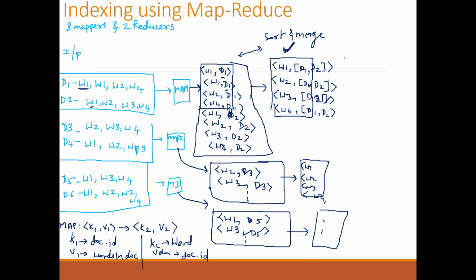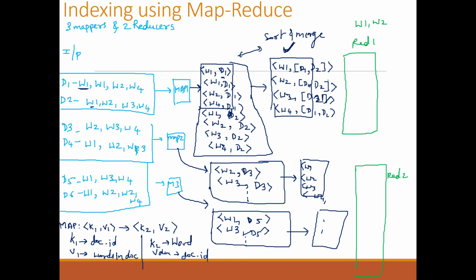So you again have to decide what will be the input to reducer 1 and what words will be going to the second reducer, that is reducer number 2. So for example, again here we assume that word 1, word 2. So what is it passing based on? It is passing based on the reduce key, which is word again.